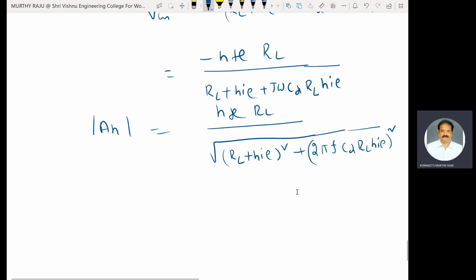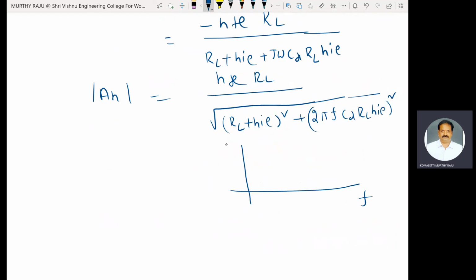Again, this is the frequency response, mod A versus F. This is mod AM.